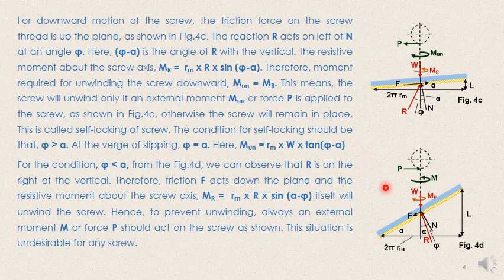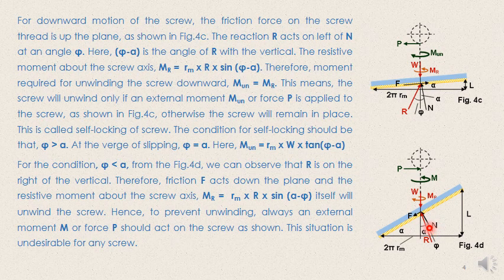Now, let us look at another situation. What is this situation? Alpha is greater than phi. Here we considered phi greater than alpha; now alpha is greater than phi. Look at this figure. I am not considering F first. I am considering that alpha is greater than phi.